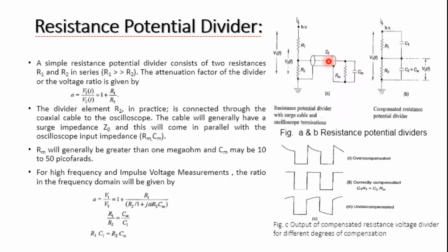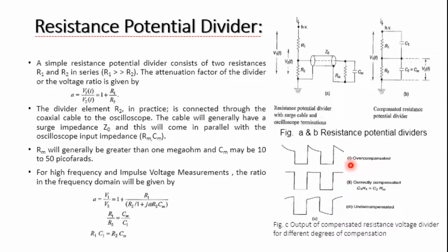Typical high voltage probes have about 4 nanosecond rise time, a peak value of 40 kV, and an input impedance of 100 mega ohm in parallel with 2.7 picofarad. The output waveforms for the compensation are shown in these figures.